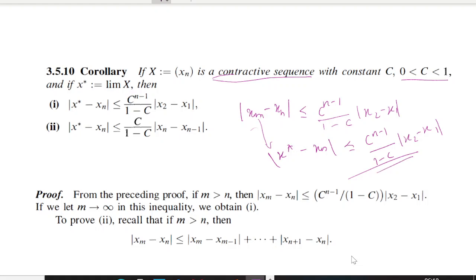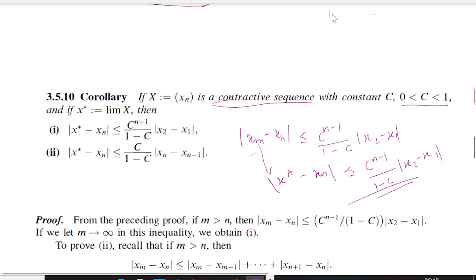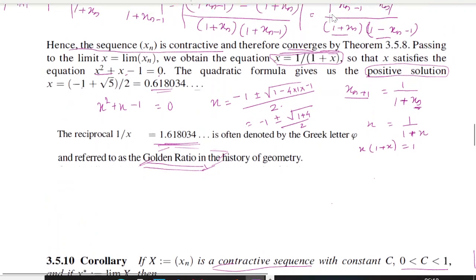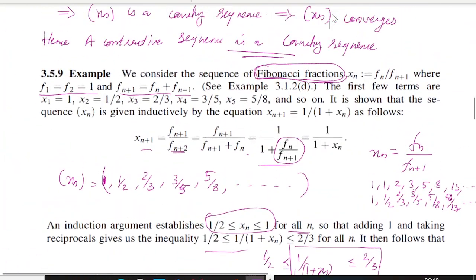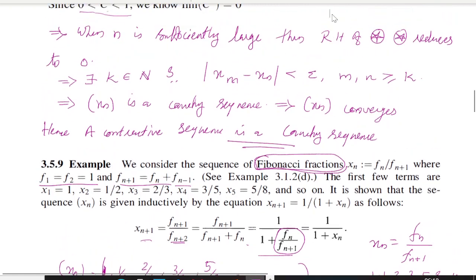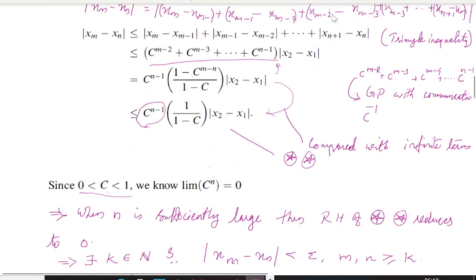For this, we have made use of our previous proof idea, that is, what we dealt with for proving it to be a Cauchy sequence. We have made use of this idea.